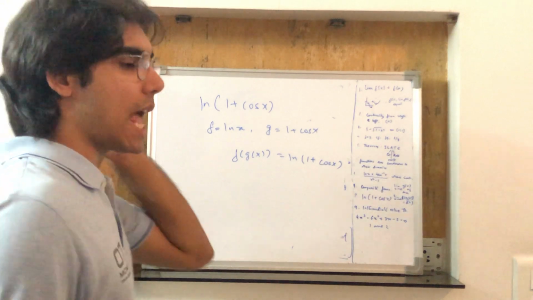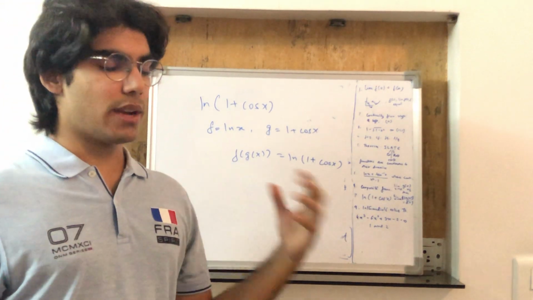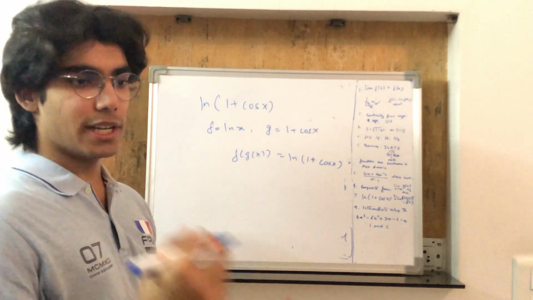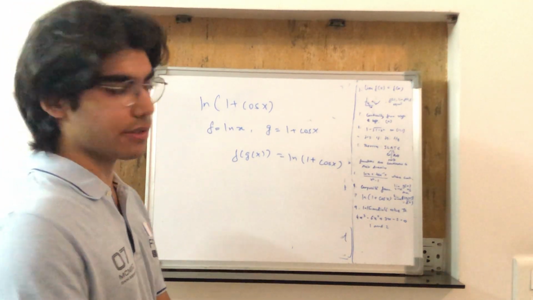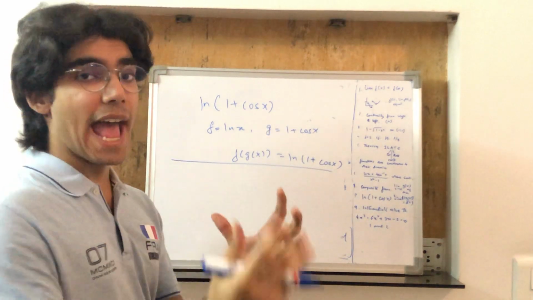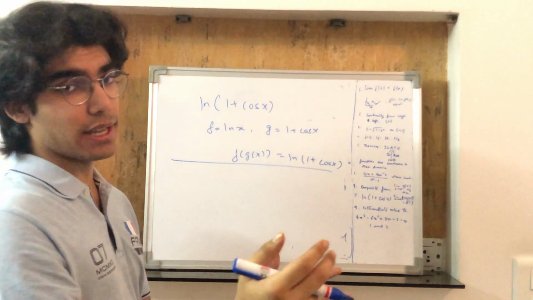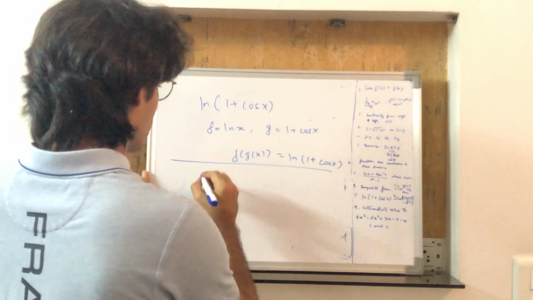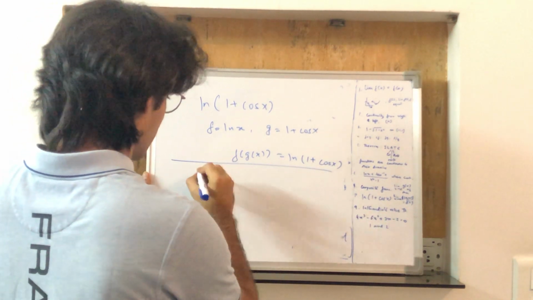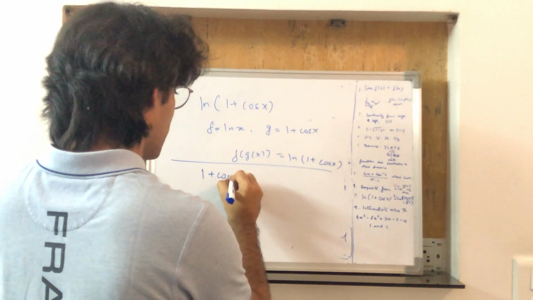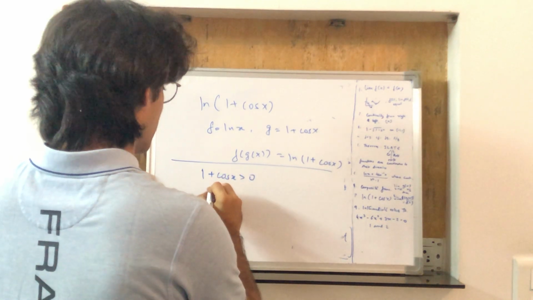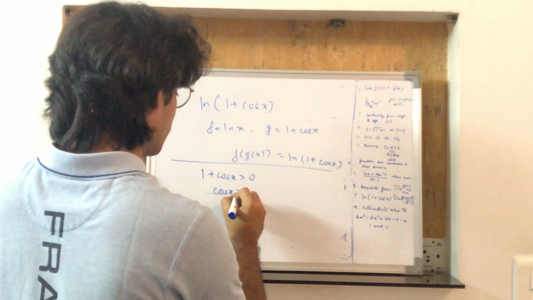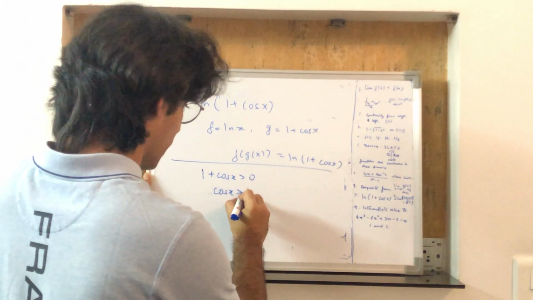So if I'm asked where this function is continuous, I'm just going to say that for ln of x, I know that x has to be greater than 0. But here my x is basically 1 plus cosine of x. So this function is going to be continuous for 1 plus cosine of x greater than 0, so cosine of x is greater than negative 1.